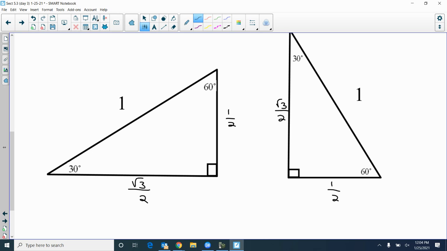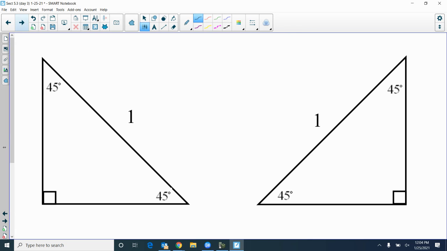All right, same thing for your 45-45-90. Make it have a hypotenuse of 1. Do you know what the legs will be? They have to be the same because it's 45-45-90, so I'll call them x. x squared plus x squared equals 1 squared.